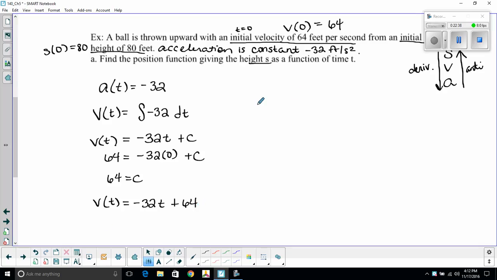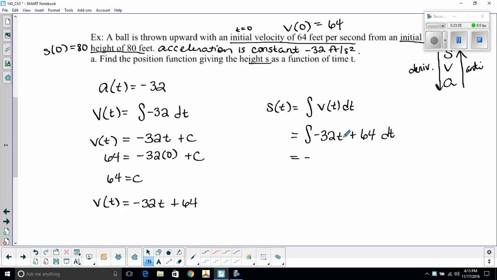All right, but now s of t is just the antiderivative of v of t dt. So that is the antiderivative of negative 32t plus 64 dt.